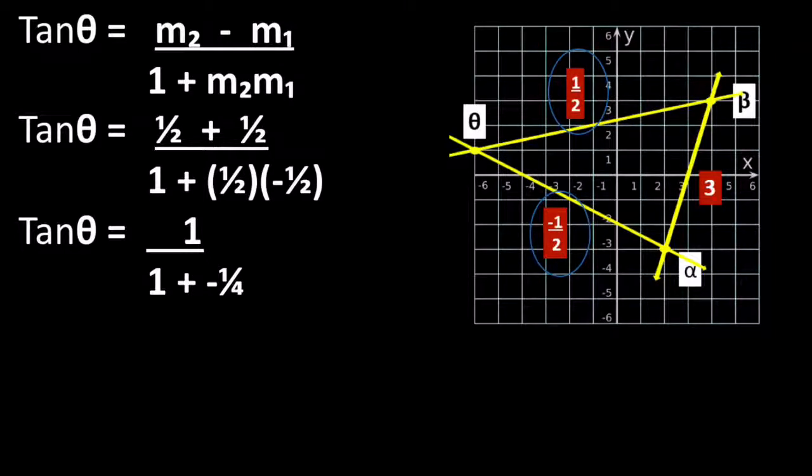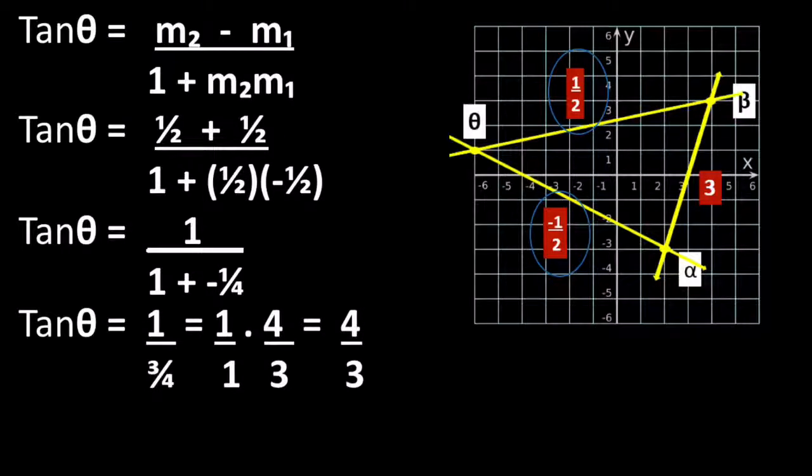We would get tangent theta equals 1 over 1 plus negative 1/4. Tangent theta equals 1 over 3 over 4, which equals 1 over 1 times 4 over 3.